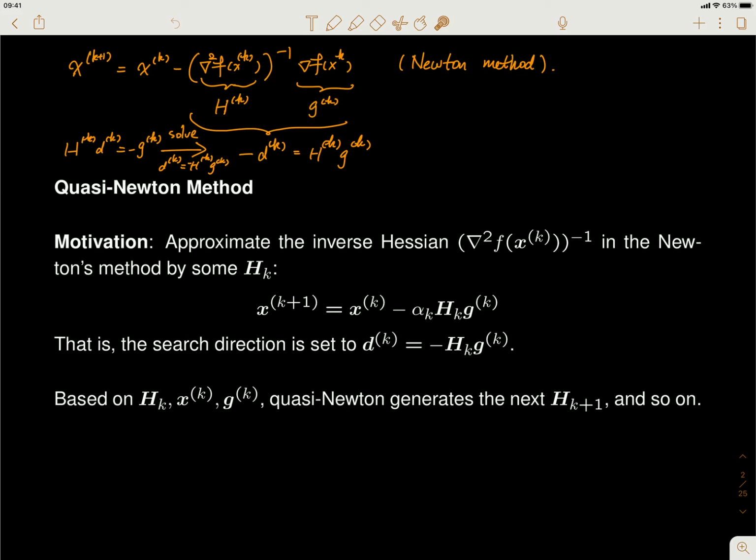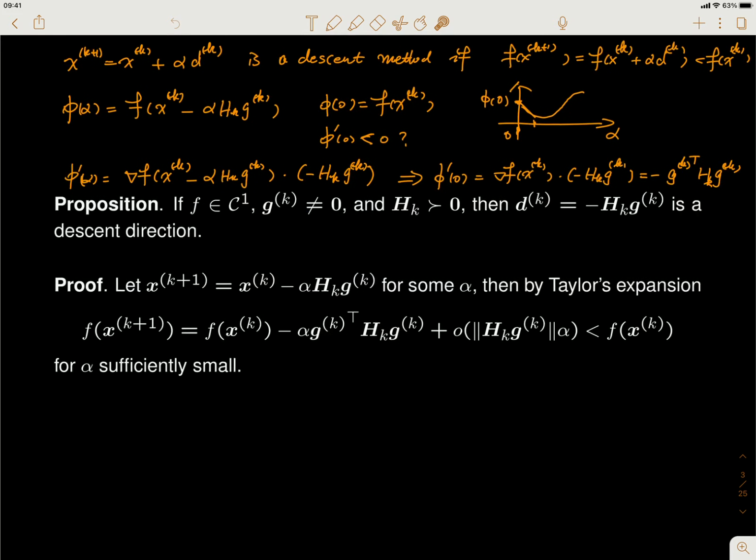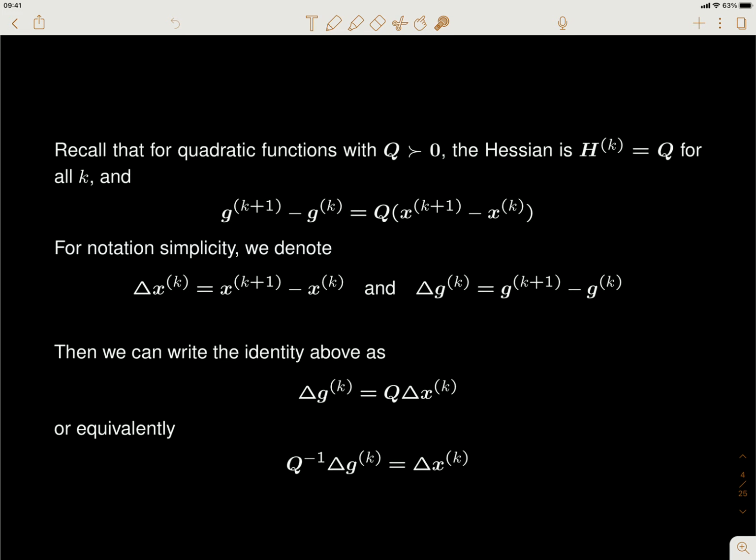Essentially, we're using the negative hk gk as the search direction instead of just negative gk. And this h is a matrix we want to construct to approximate the inverse of the Hessian in Newton's method. So that's the general framework for the Quasi-Newton method.